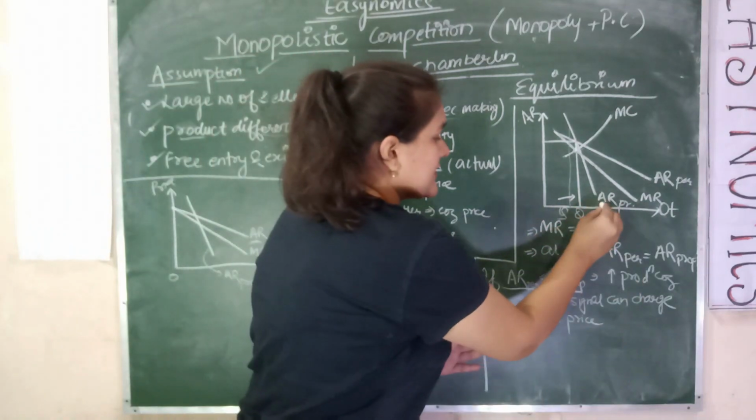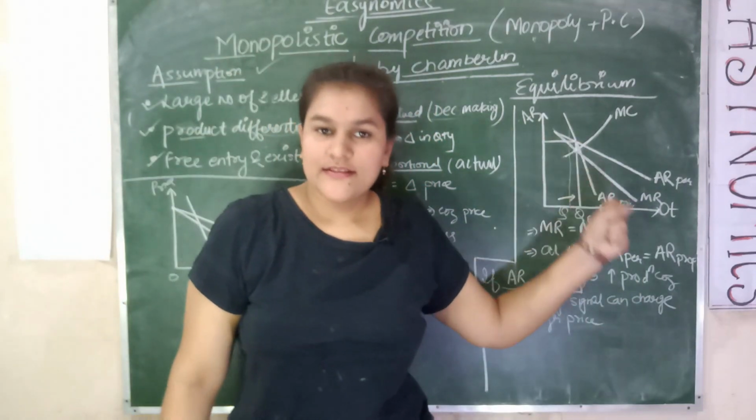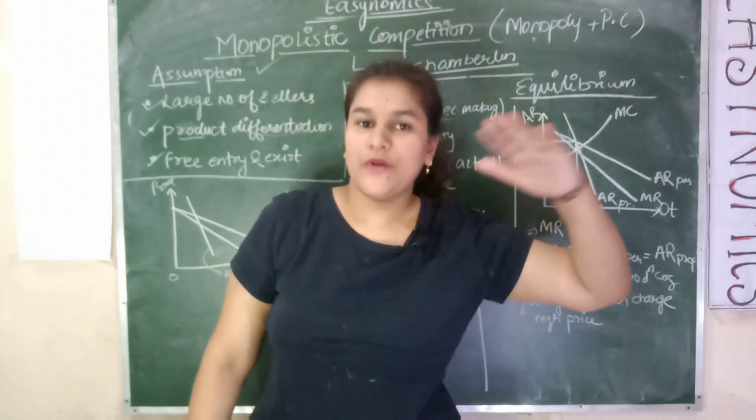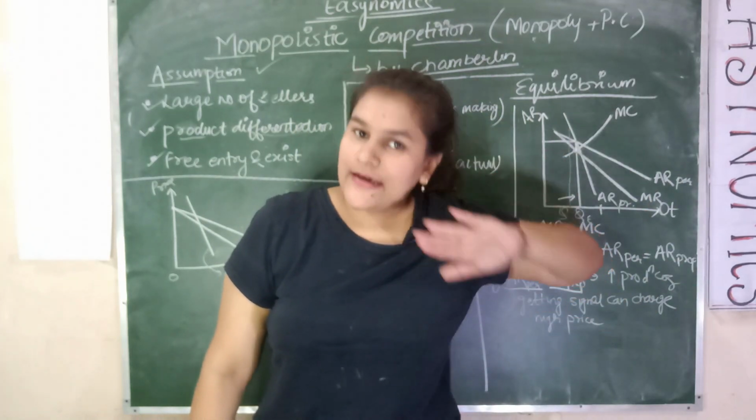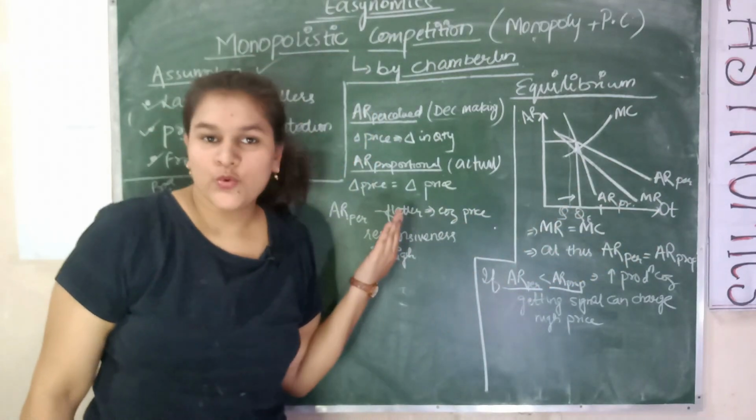Similarly, if we lie on this side, the firm will get the signal that it cannot charge this much price in the economy, so it will decrease its production and move back to the equilibrium.